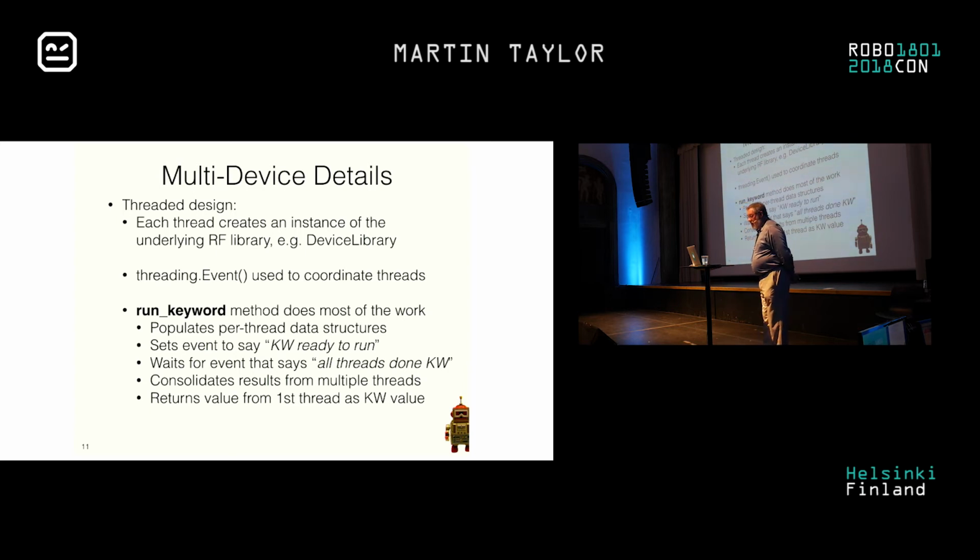And so inside the run keyword method, which does most of the work, when it's given a command to run a keyword from Robot Framework, it populates per thread data structures that pass that information with the keyword name and the argument name values and so on, passes that down to each thread, and then it sets an event that says, hey, I've got a keyword ready to run, go look at your data structures, all you threads.